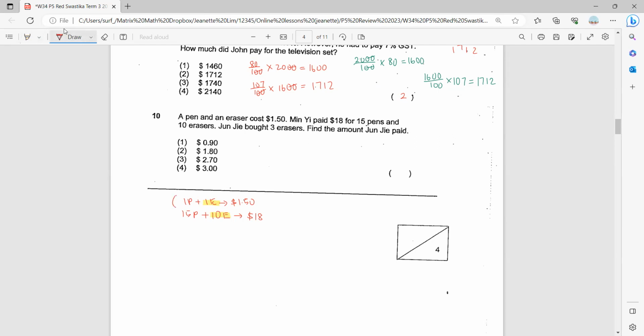I should make the pens the same, so times 15. Let me write this again.